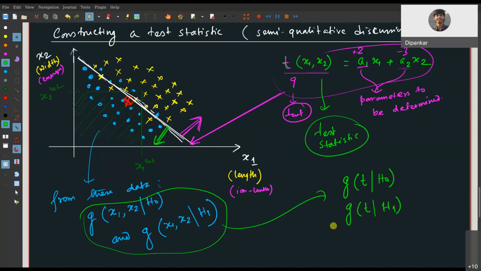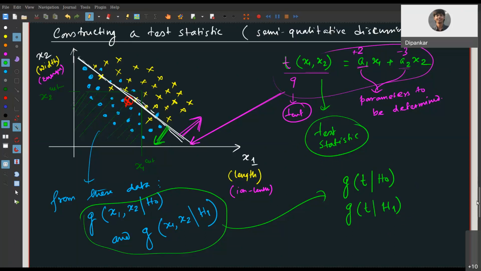Okay, so you can convert this using this definition. You know how to, if you change the variables from x1 x2 to now t, this t is given by this, the same as the previous class, then you can convert this into g(t|H0) and g(t|H1).